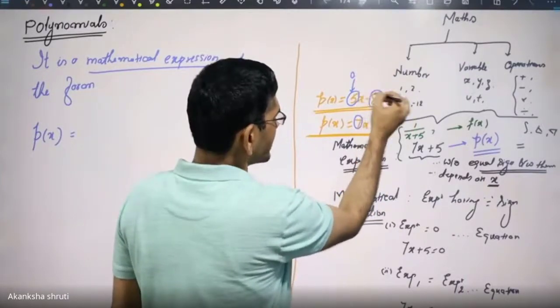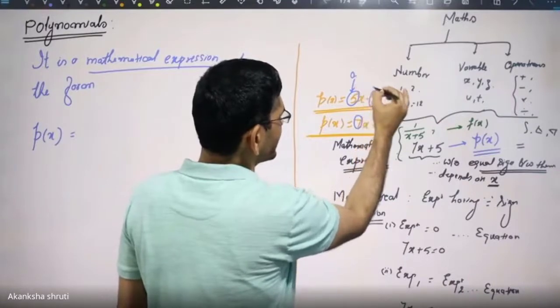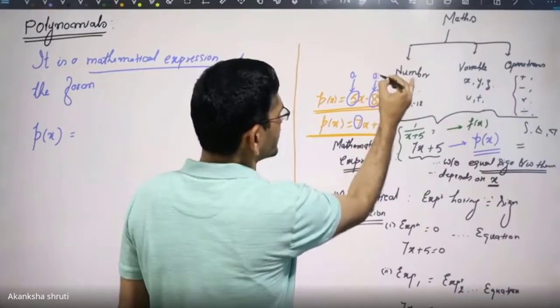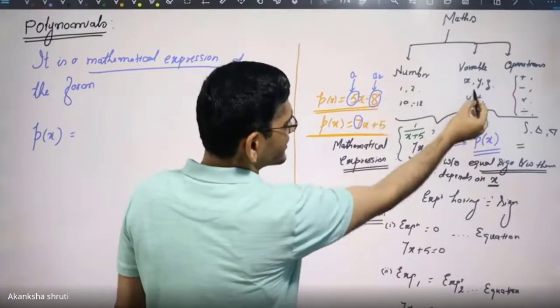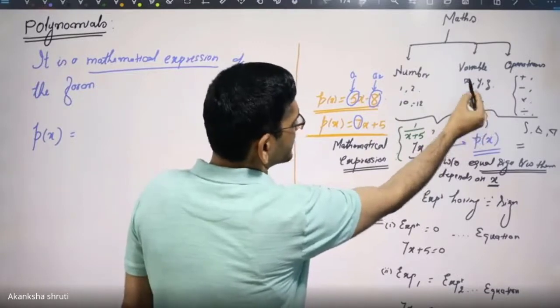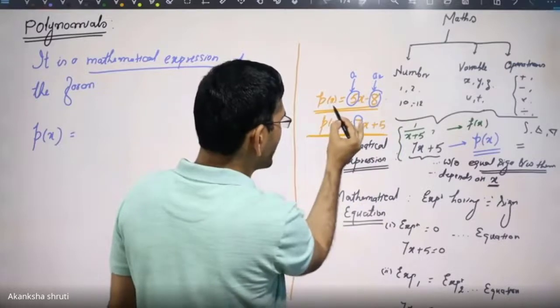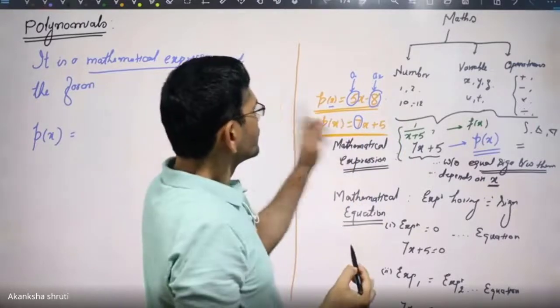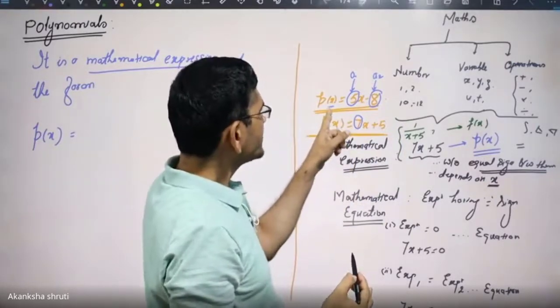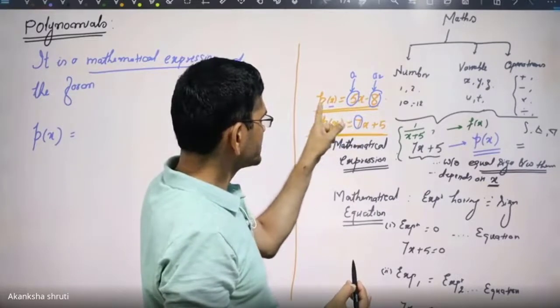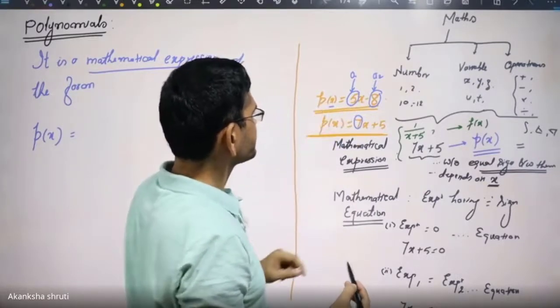If they are different, we may denote this by a1, this by a2, like this. x, y, z or u and t are commonly taken for the variable on which it is depending. The varying quantity is denoted in this bracket, like t.